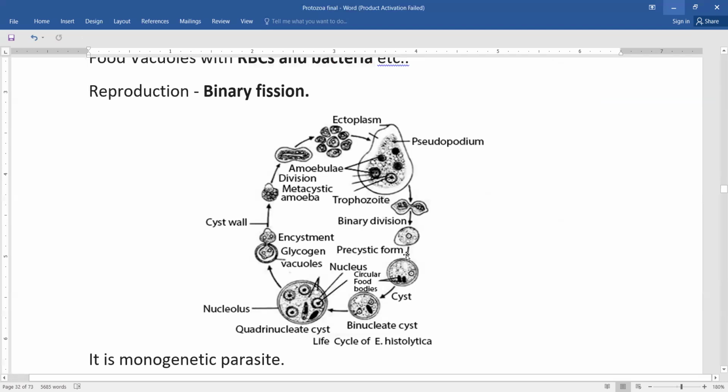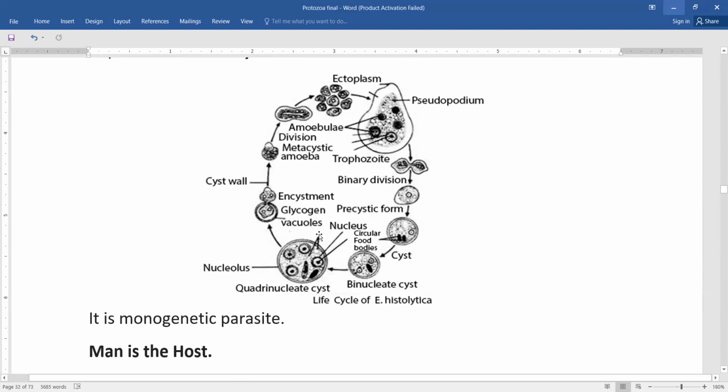You remember this stage in the life cycle. We don't need to study the life cycle here as per the syllabus. This is called quadrinucleate: one, two, three, four nuclei are present, and these stick-like chromatoid bodies are also present.